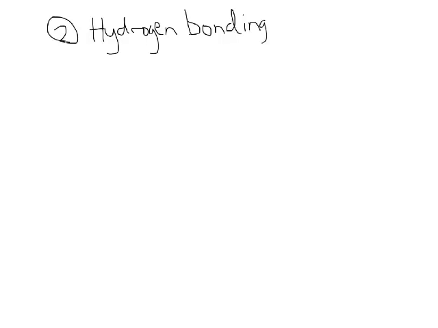The second one we get is hydrogen bonding. And with hydrogen bonding, we have very electron grabby elements, and we call them electronegative elements.